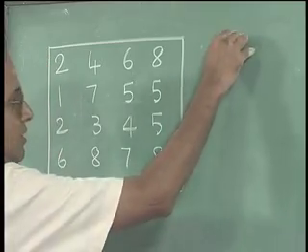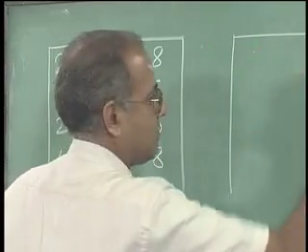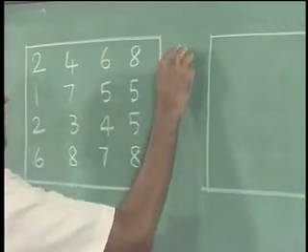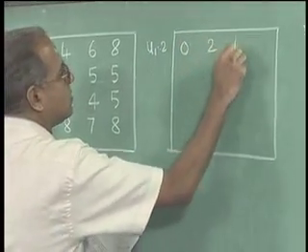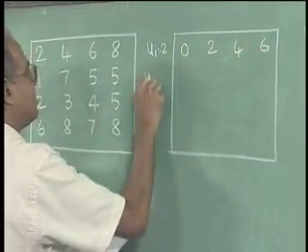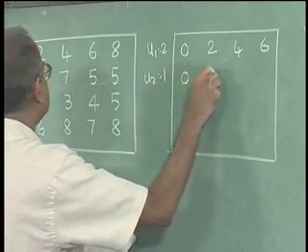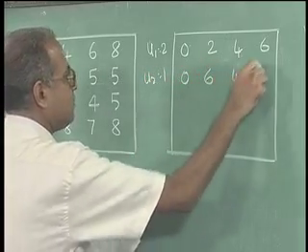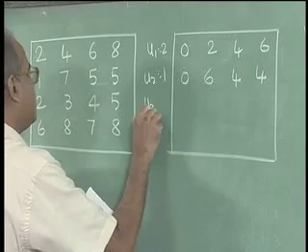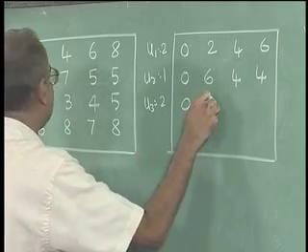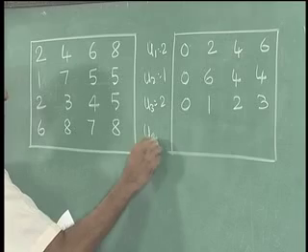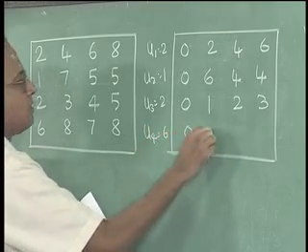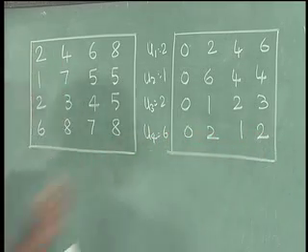Now, let us do the row subtractions and simply write u1 equal to 2 with 0, 2, 4 and 6, u2 equal to 1, 0, 6, 4, 4, u3 equal to 2, 0, 1, 2, 3 and u4 equal to 6, 0, 2, 1, 2.